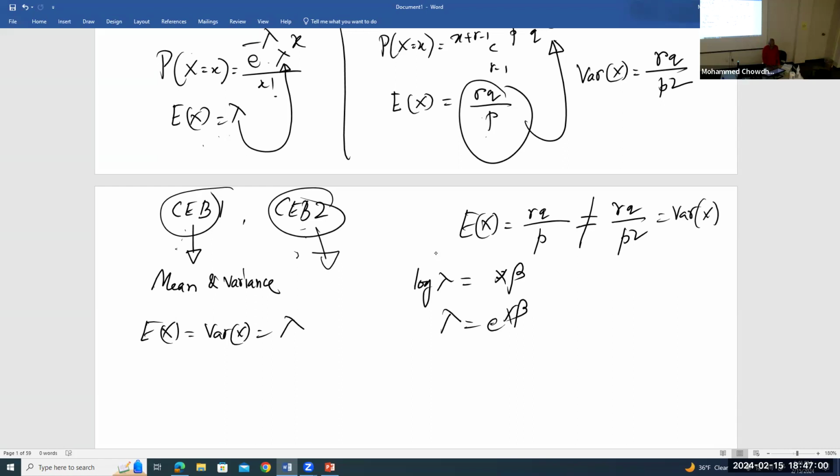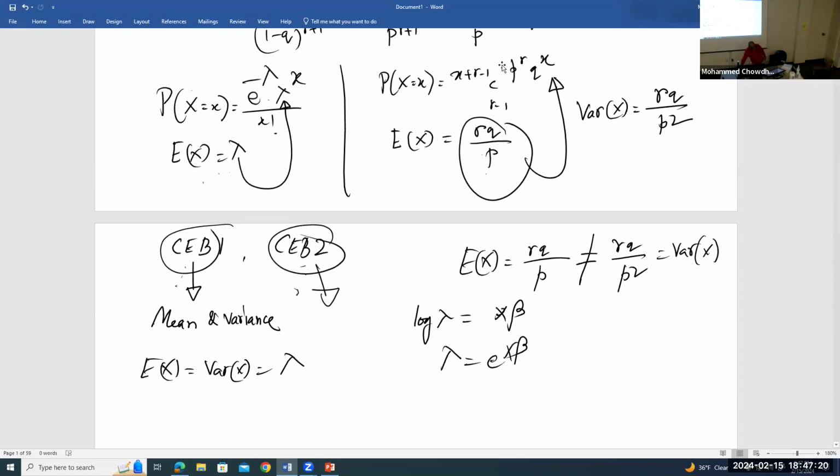Why did I take log of lambda? Because lambda is the mean of this. So I am taking log of lambda as a linear combination of the parameters. But in such a case, I cannot do these things because the mean parameter is not in there.